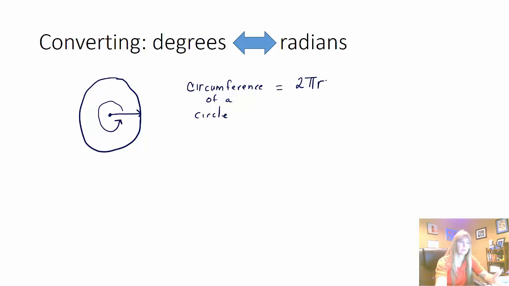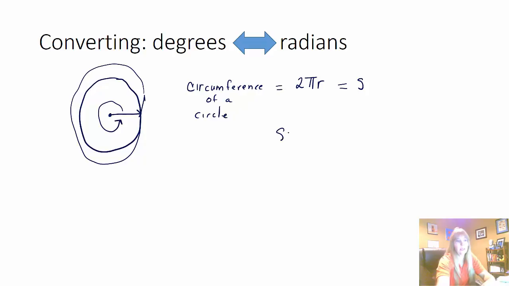So the circumference of a circle, 2 pi r. If I say, well, let's call this S, because we just said if you go all the way around it, I'm doing my arc length, which is S. So we said S equals R theta. Where I see an S, I'm going to plug in my 2 pi R theta.